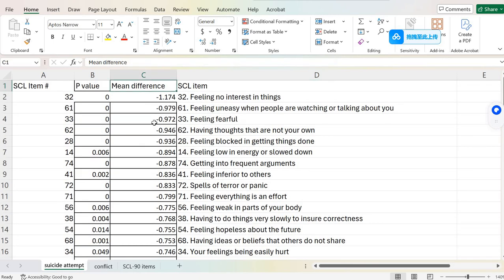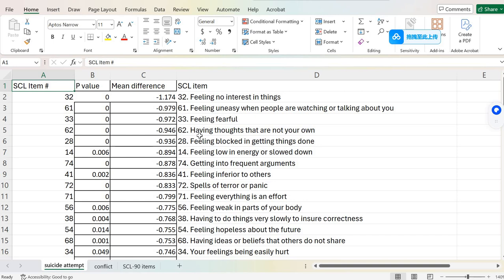All the differences are negative, which means those who did not have suicide attempts had lower scores than those who did report suicide attempts. The majority who did not have suicide attempts had lower symptom levels than those 9 people who had suicide attempts.